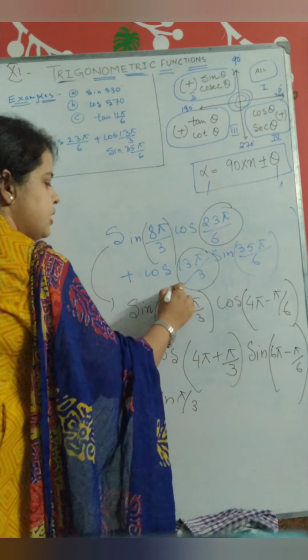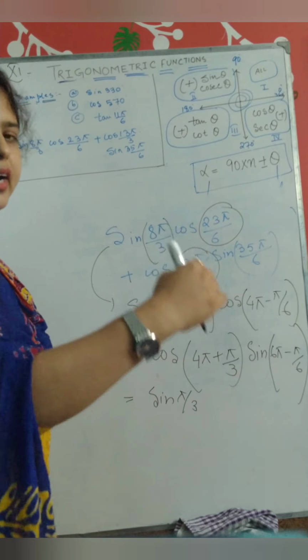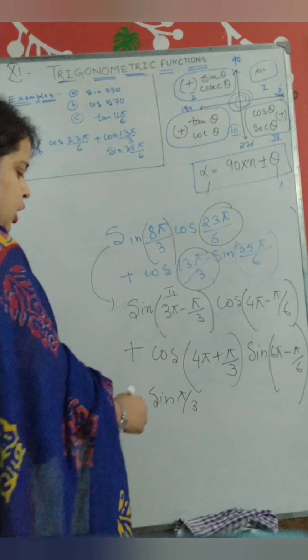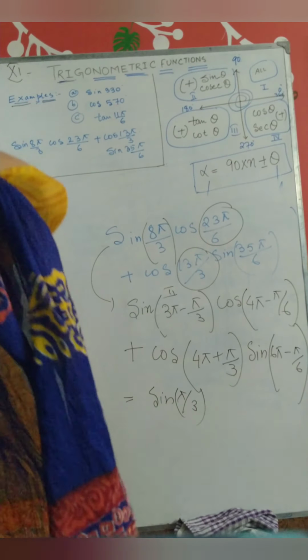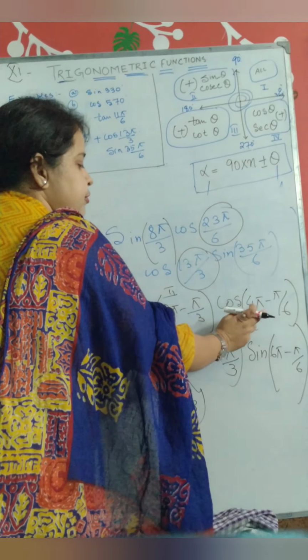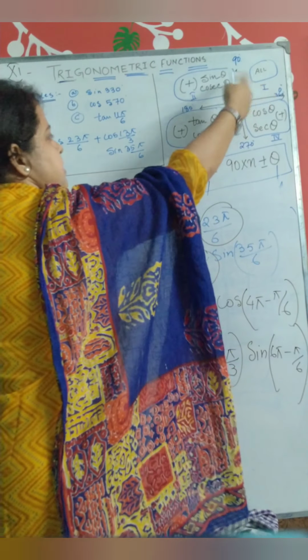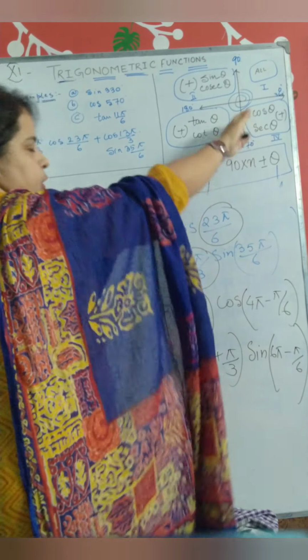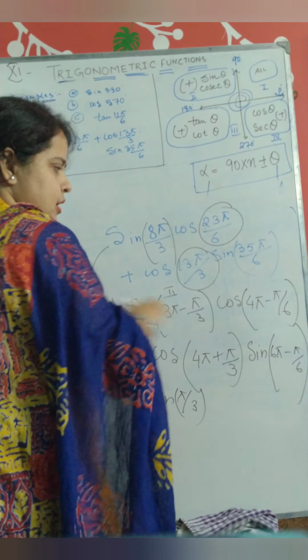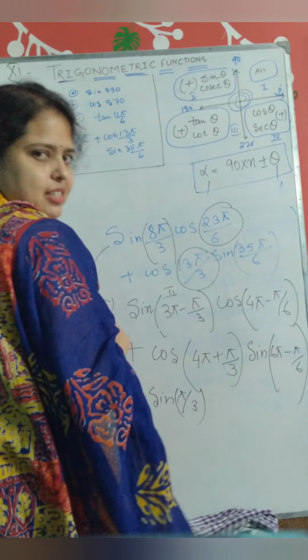In the second quadrant sine is positive. So this is how you are going to recall it in mind. Correct, children? Now 4 pi means 2 complete rotations, and getting back, it is dropping back to the fourth quadrant. So happy to get a positive sign.